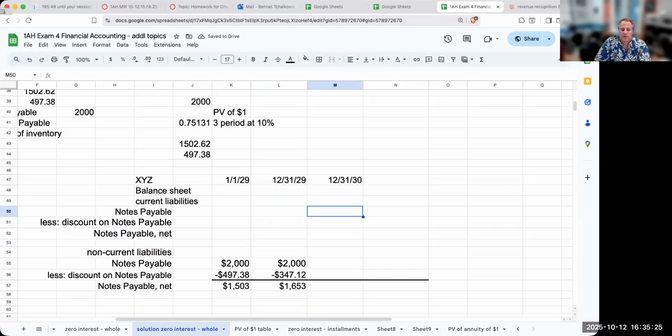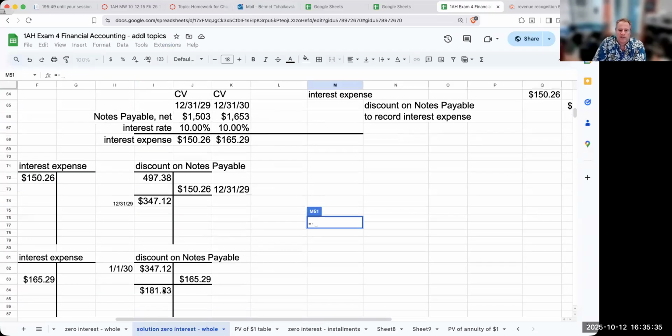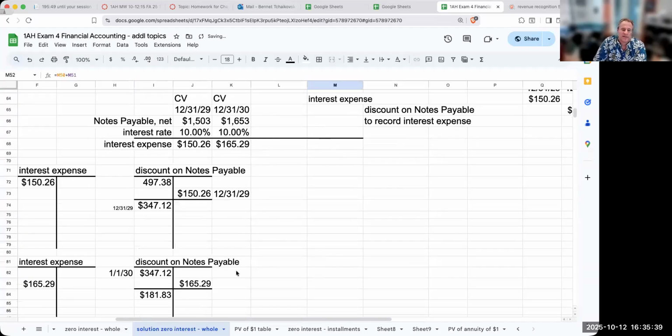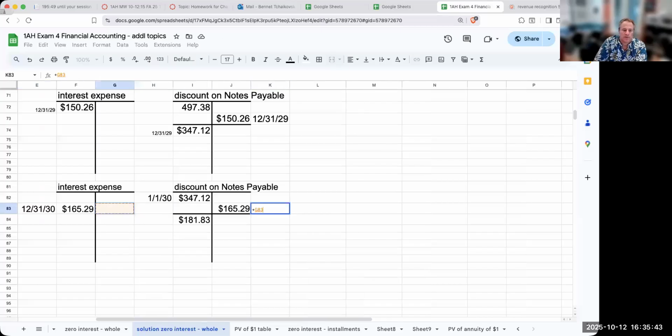So coming over here, my notes payable still shows at 2,000, but now my discount on notes payable as of 12/31/30 is now at 181.83, giving me a total of 1818. So this is what I did over here on 12/31/30. And this over here is going to be my ending balance.